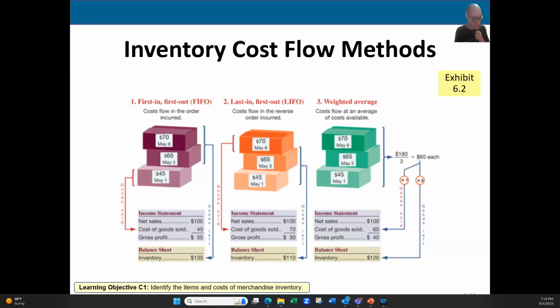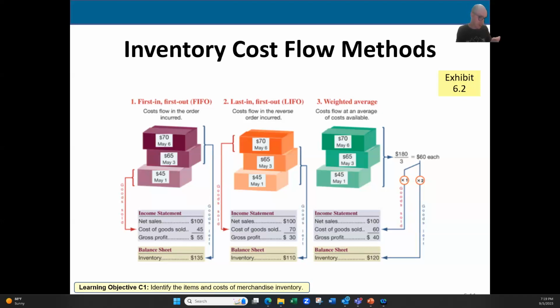May 3rd, they purchased $65 worth of stuff. May 6th, $70 worth of stuff. I'm sure there's probably more beyond that, but let's just use these three purchases to make the example easy. I add up all my purchases, okay? $180.